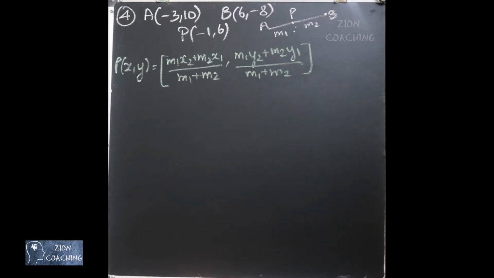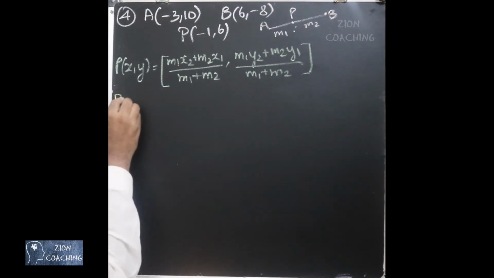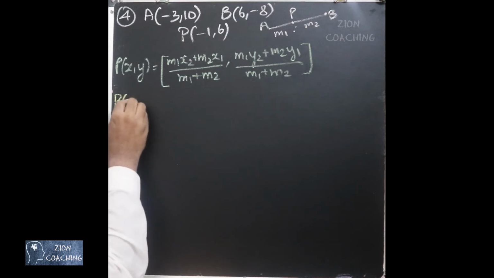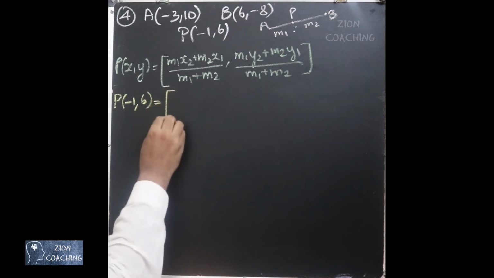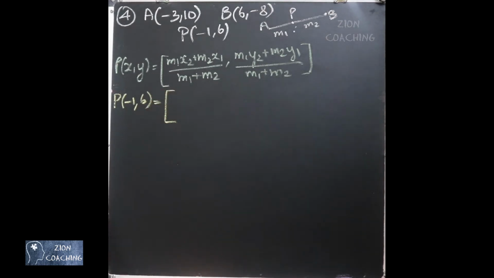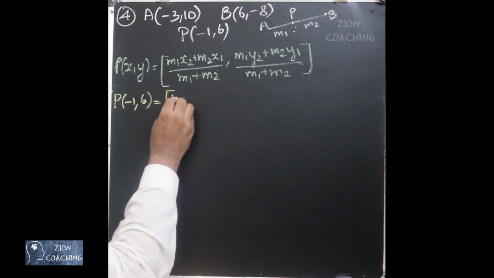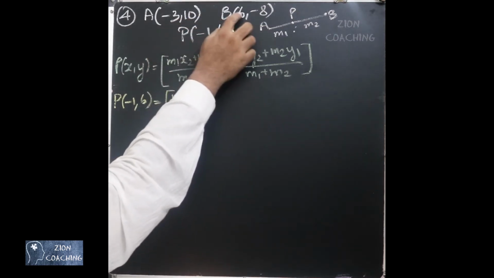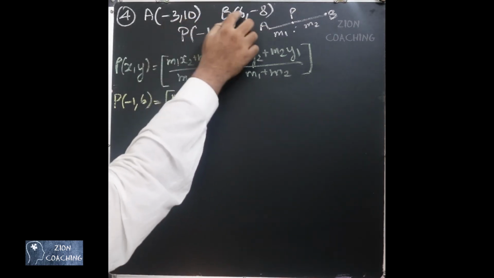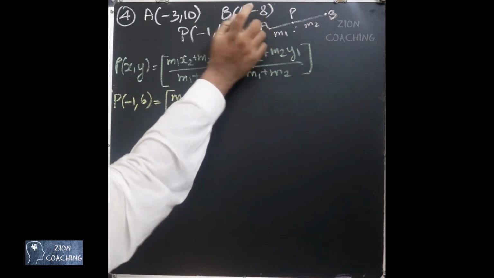Now they have given the coordinates of the point P. Point P is given, it is (-1, 6). We are going to substitute the values. We don't know what is m1 and m2, so we are going to substitute just m1 and m2. It is m1 into, this is your x1, y1 and this is your x2, y2.